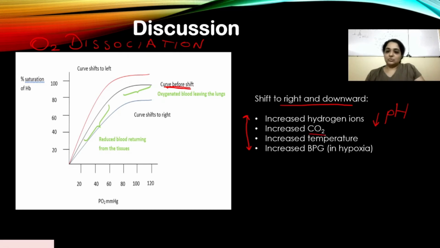Increased CO2, increased temperature, and increased BPG in hypoxia condition. So when these conditions are fulfilled, the curve shifts to the right. The curve shifts to the right means dissociation of oxygen from hemoglobin happens.